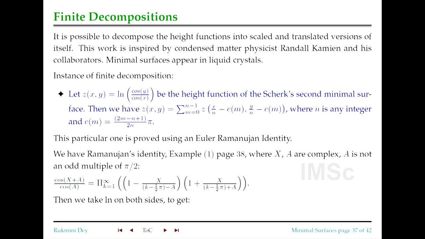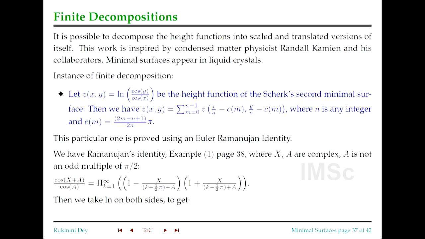So up to translations and scalings, what we got is Scherk's first surface can be decomposed as finite sums of height functions of the same type. Though these are not exactly minimal surfaces, they are scaled ones. So if you just took 1 over n here also, then it will be a minimal surface.